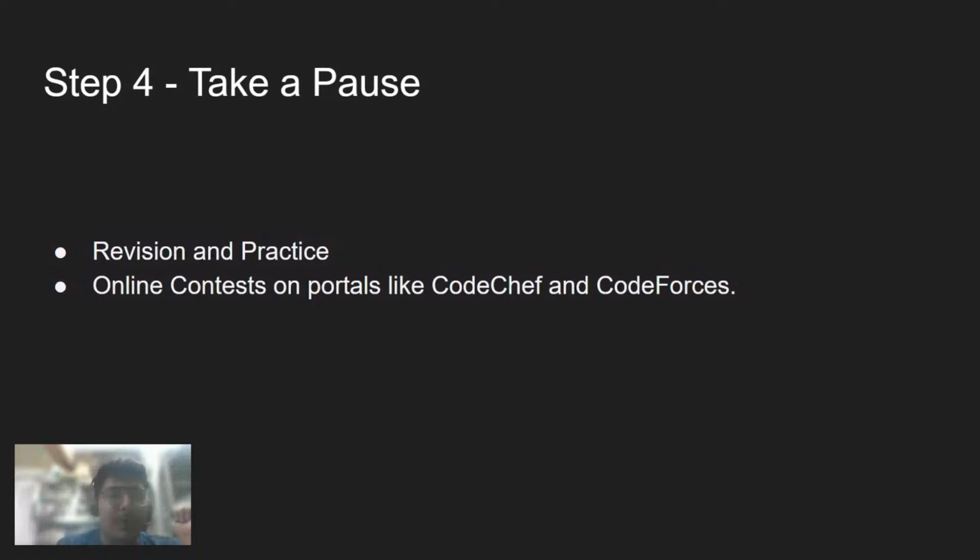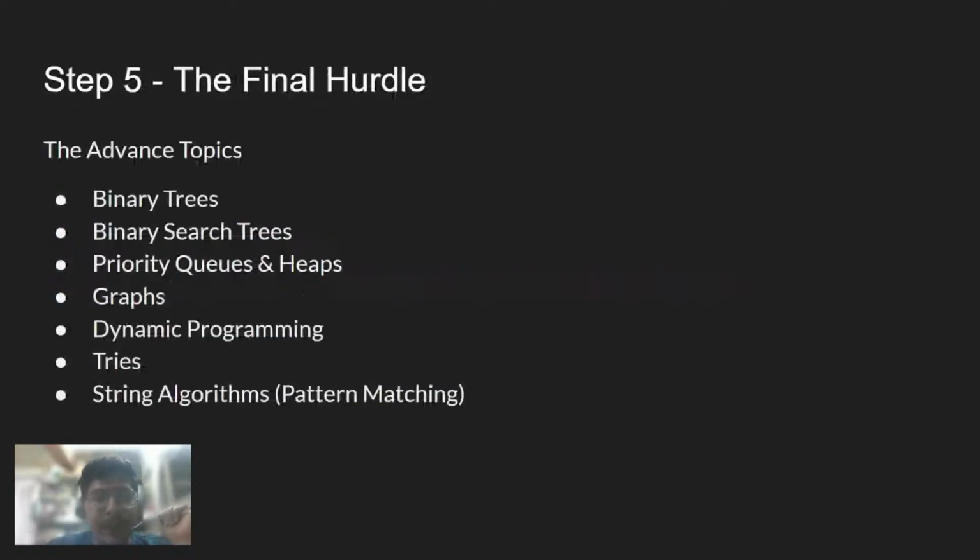So moving on, the final hurdle, that is the advanced topics. These are the topics that you need to get to at the very end of your DSA journey. Many people have asked me in the past as well, how much DSA is enough to appear for companies.